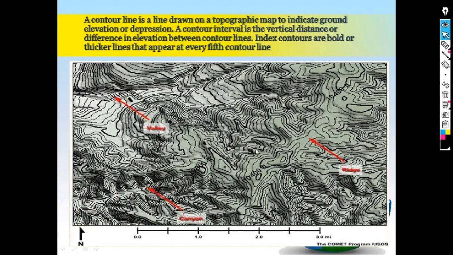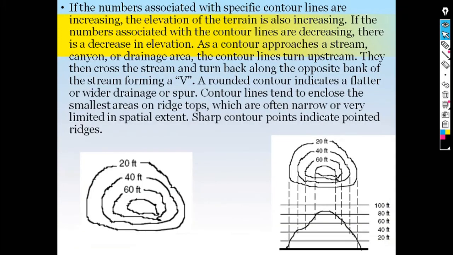As this is a bit of a 3D representation of a 2D diagram, we are easily able to understand, but even the values of these contour lines will be given on the topo sheet, and by directly looking into the topo sheet, we'll be able to understand it more clearly. So in this we can see very easily that this is a 60 feet contour line, this is 40 feet and this is 20 feet.